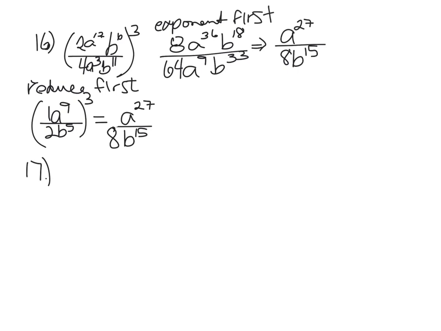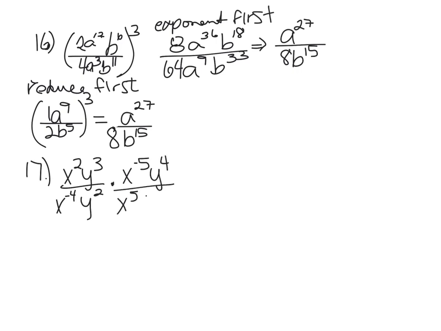Number 17, x squared y cubed over x to the negative 4 y squared times x to the negative 5 y to the 4th over x to the 5th y to the 5th. Now again, here's another problem where there's lots of ways you can do it.